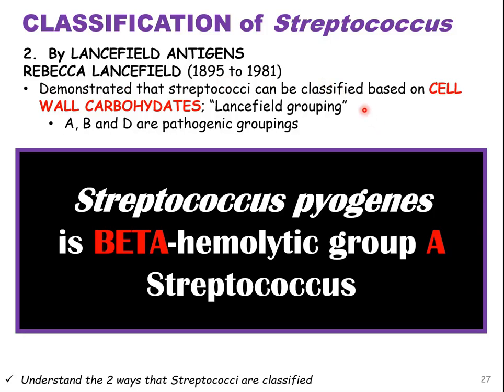She used different antigens, and she realized that you could separate out the different streptococci based on their surface sugars. And so the big one, Streptococcus pyogenes, is beta hemolytic, so total hemolysis, and then they are in group A. And so she gave all her groups A, B, there's C, D, E, and so on. But A, B, and D, those are the big pathogenic groups. And you may hear people refer to Streptococcus pyogenes as beta hemolytic group A.